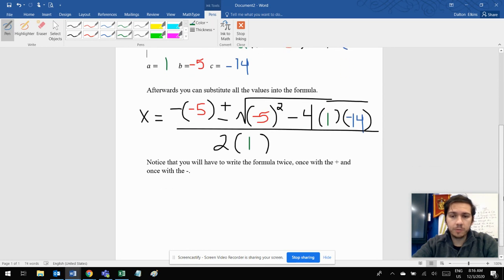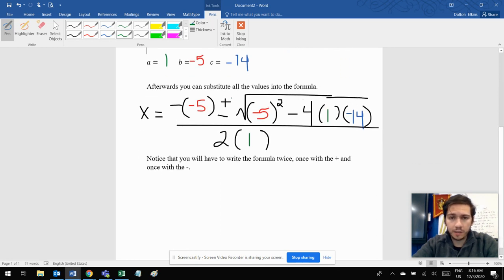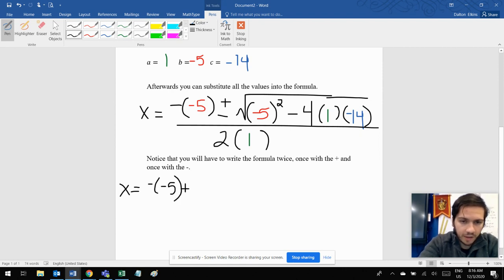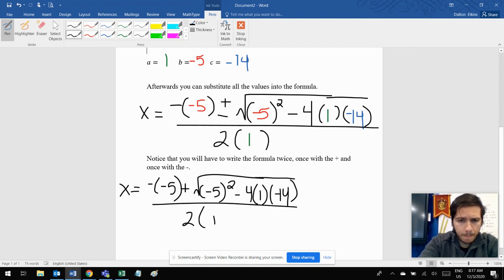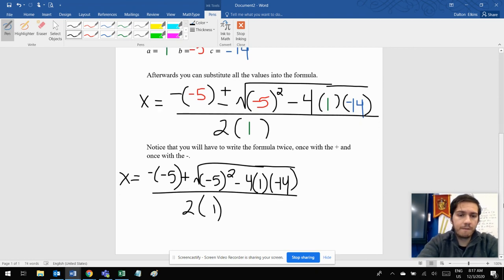Now you're going to have to write the formula twice because you have the plus and the minus case. So essentially, it's a 2-for-1 deal. Not every day do you get such a bargain. But here we have a plus case, and we have a minus case.